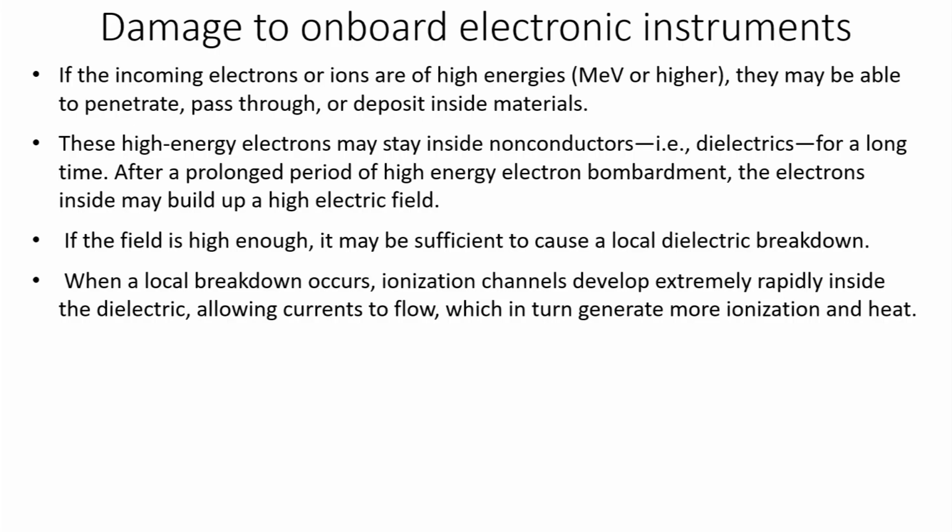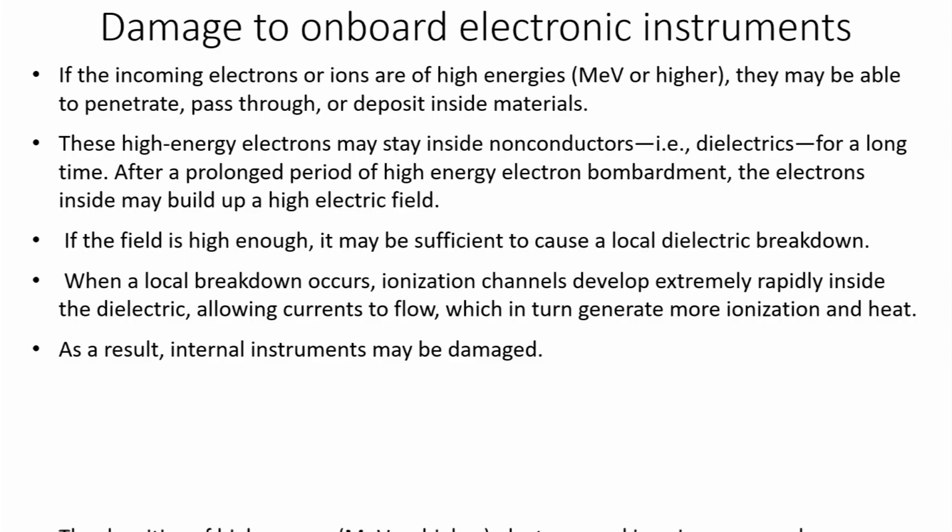Whenever a local breakdown occurs, ionization channels develop extremely rapidly inside the dielectric, allowing currents to flow, and this in turn generates more ionization and heat. As a result, the internal instruments may be damaged.